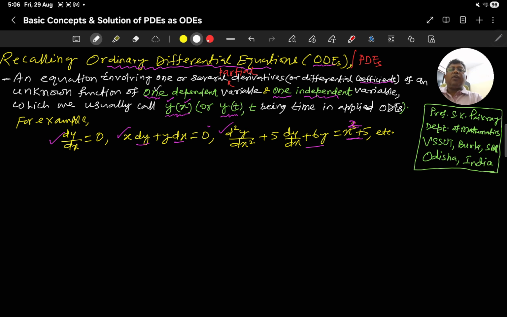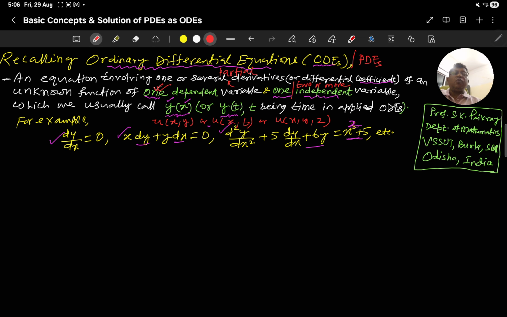And the one independent variable will be replaced by two or more independent variables, and here y of x may be viewed as u of x y, or it may be u of x t, or it may be u of x y z.